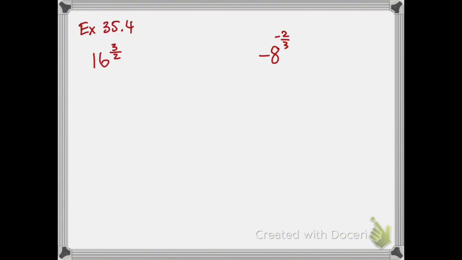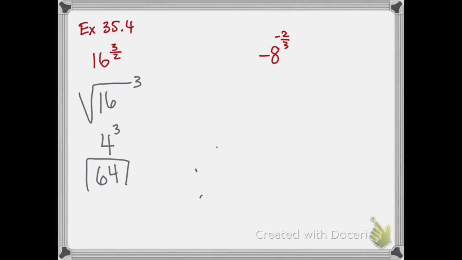Now let's look at these examples that have a numerator different than 1. We're going to write the 2 here, which again, we don't write it, but that's where it is, and then the 3 on the outside. We usually simplify first, so the square root of 16 is 4, and then we have 4 to the third power. And 4 to the third power is 64.